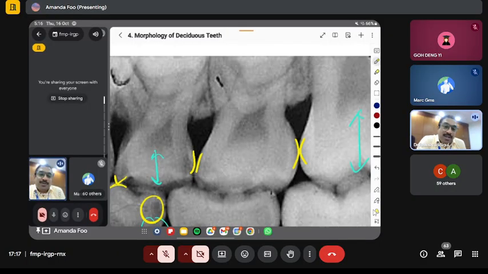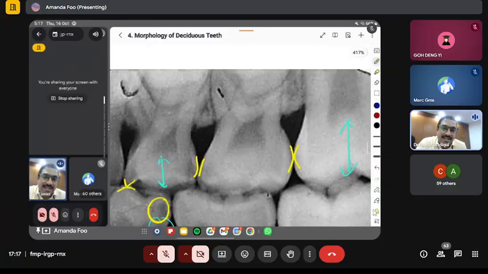Because this flat contact is there in primary molars, any food lodgement under the contact point is not going to come out very easily. But in the permanent dentition, it comes out easily because it's only a point contact. Your embrasures are very big, so any food that goes into the contact area will come out.